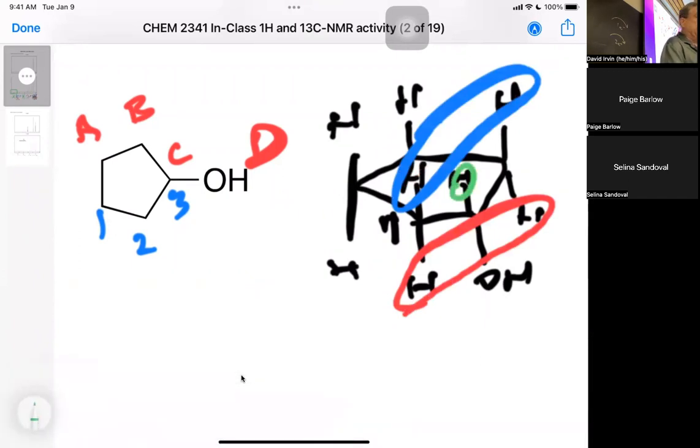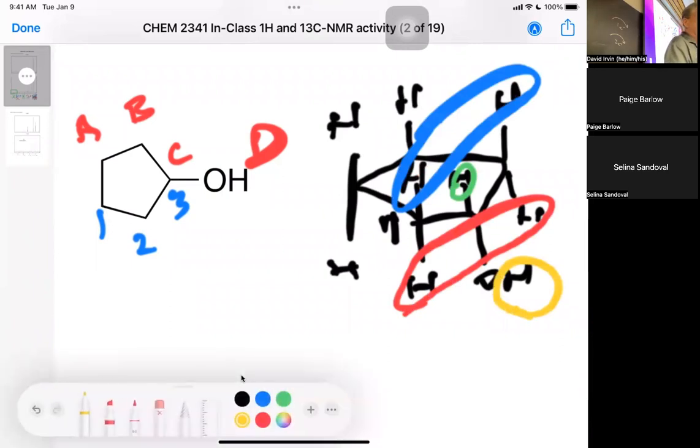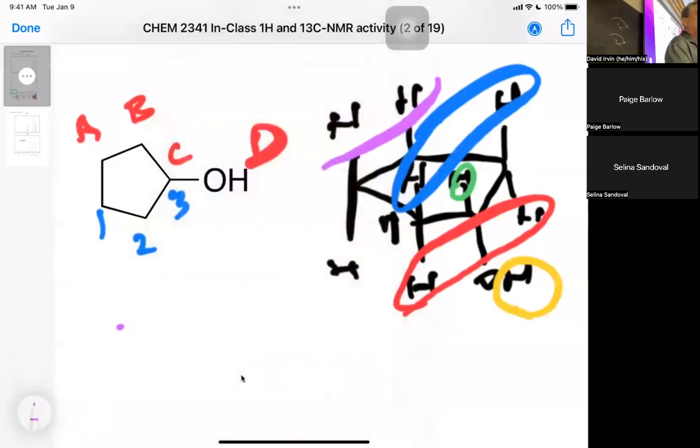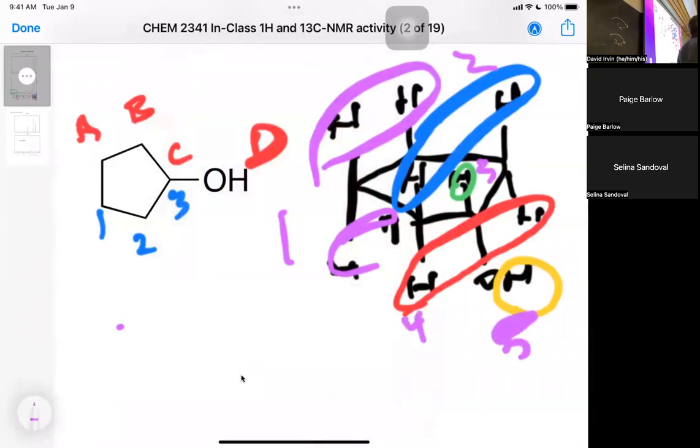This hydrogen's different than that hydrogen. And all 4 of these hydrogens are the same. So we have 1, 2, 3, 4, 5 hydrogen signals in cyclopentane. So what's our answer? The second one.